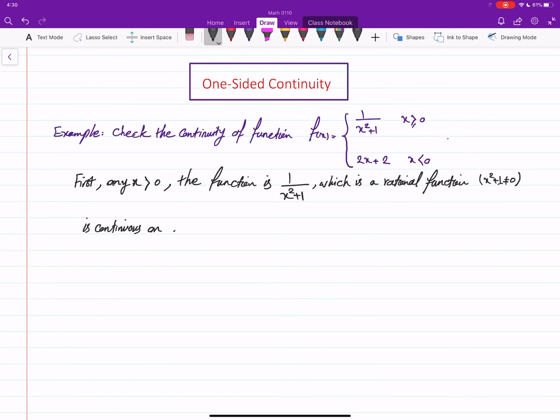on all positive numbers. Actually, it is continuous everywhere, but what I need is only this piece because the function is defined there. So on x bigger than 0, the function f is continuous. For x less than 0, on the other hand, it is a polynomial.